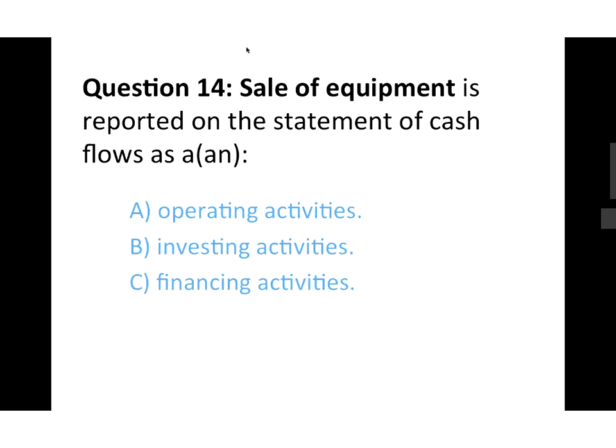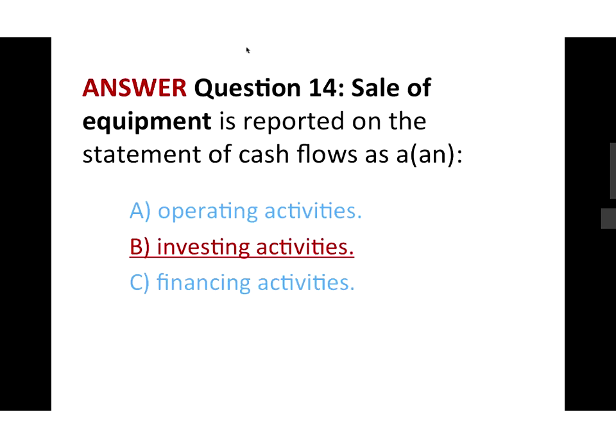Equipment is a long-term asset. It's part of property, plant, and equipment. It's a long-term asset. So I'm going to close this about 10 seconds. Okay, that is an investing activity.